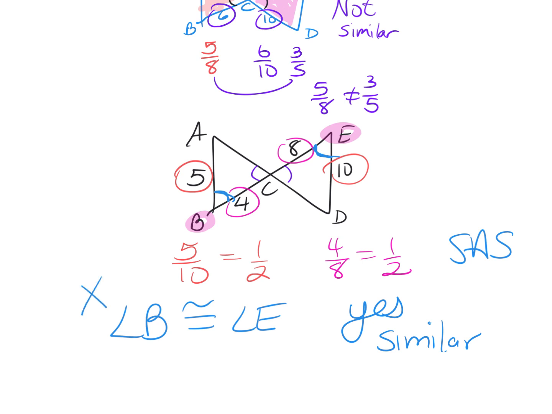But without this statement, the answer would have been no. So just be careful with the location of the congruent angle pairs. The congruent angle that's marked must be the angle that's formed by the proportional sides. Yes, we had congruent vertical angles, but it was not formed by the sides that were proportional. So just be careful. So that is it for the notes on 8.3.